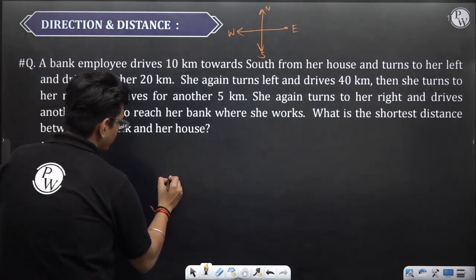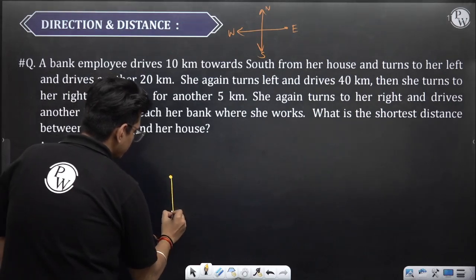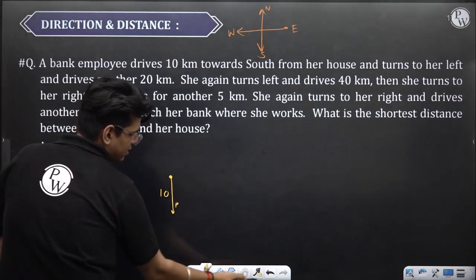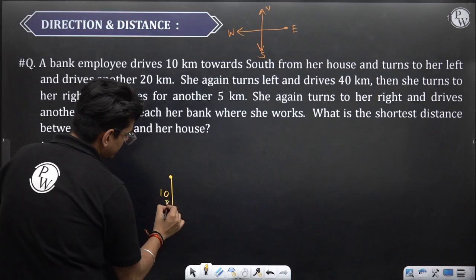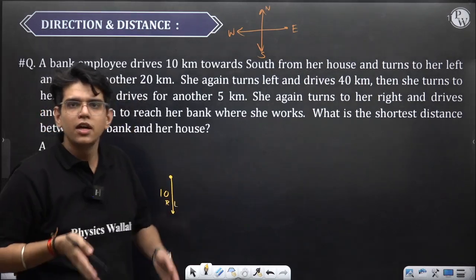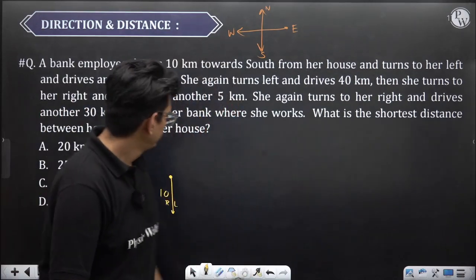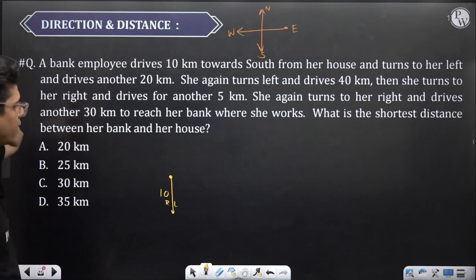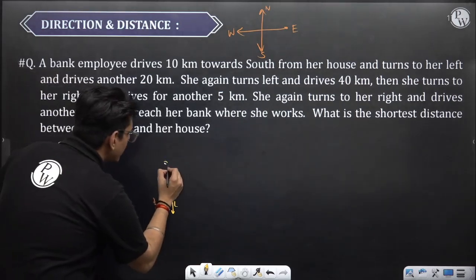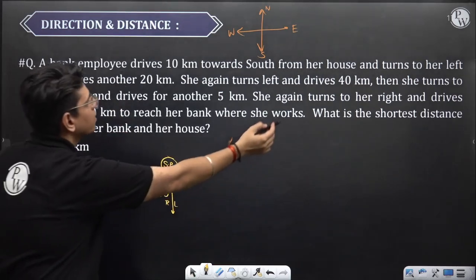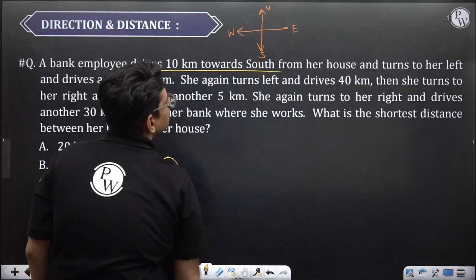Let's start here. 10 kilometers south. Right? This is his right and this is his left now. Right? Because if I am going downward, this will be my right side, this will be my left side, right? 10 kilometers south, this is his starting point. Okay, now we have done this.